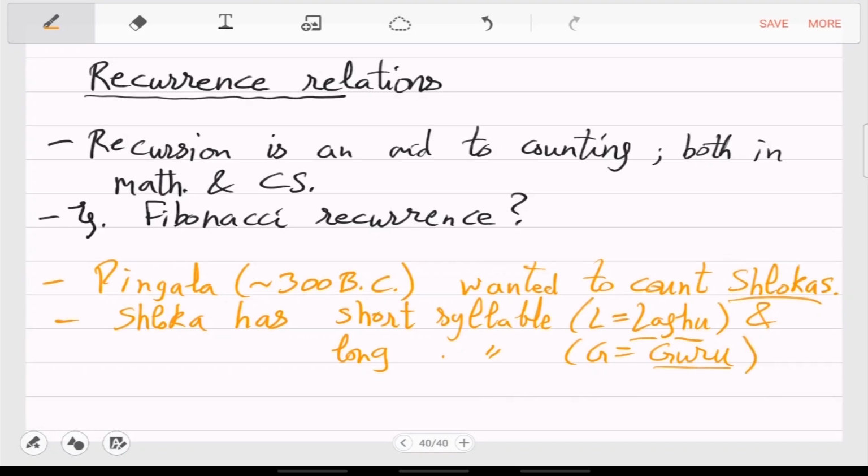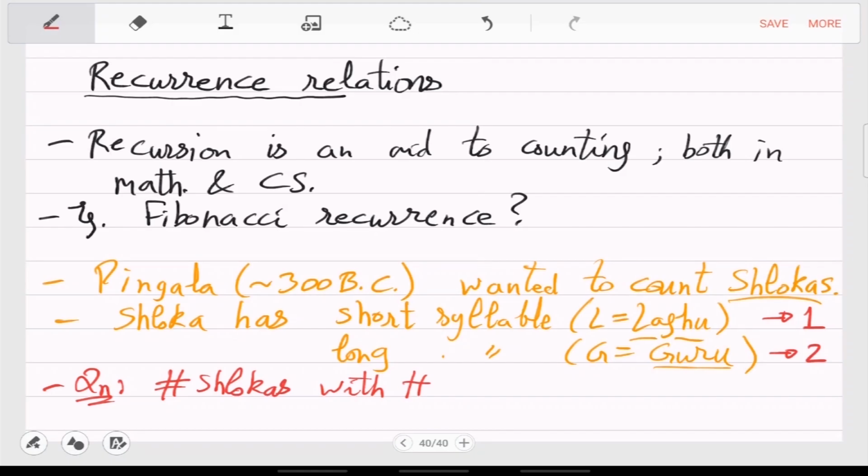And so short has length 1 and long has 2. Okay, so think of them as beats. Now, how many shloks are there with beat n? N beats. So the number of shloks with number of beats equal to n.